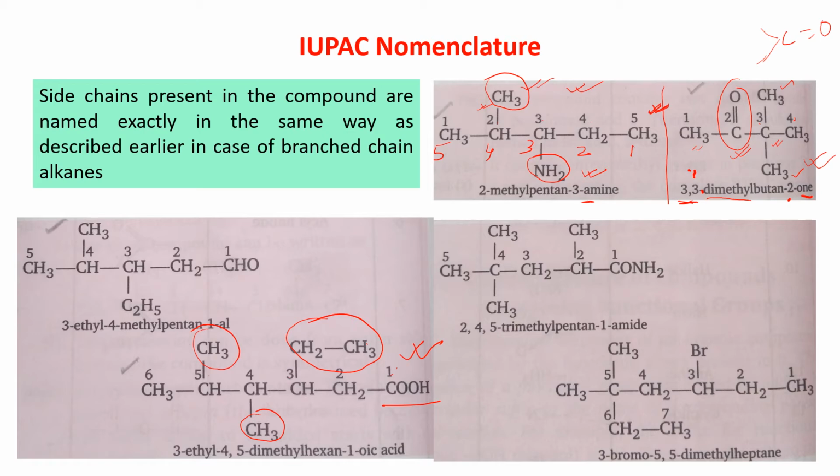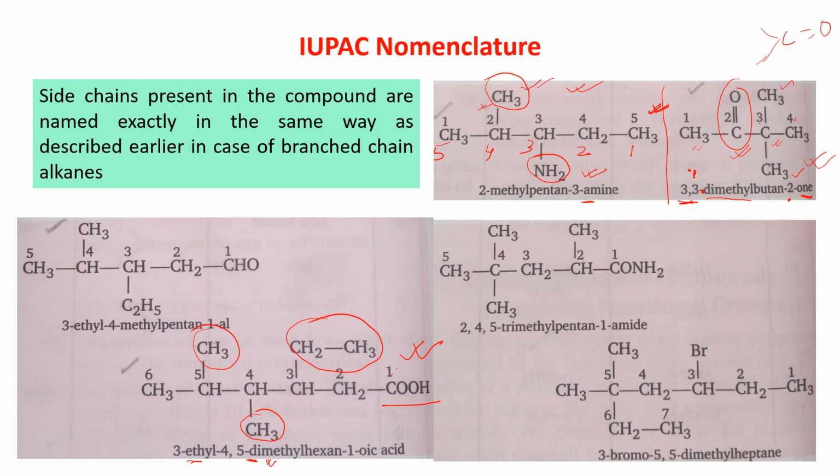Now you can say that it is 4th position methyl and 5th position methyl, so dimethyl, it will be 4,5-dimethyl. Now dimethyl, D, is coming before ethyl, E, but I will not see this di, I will see only M. So I will compare ethyl with methyl, not with dimethyl.